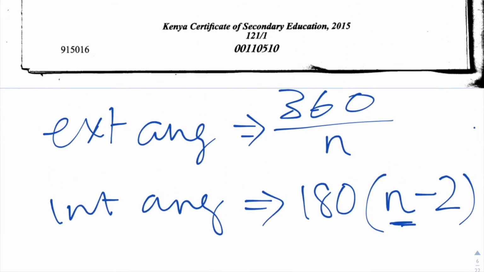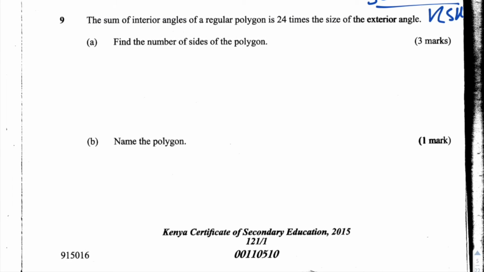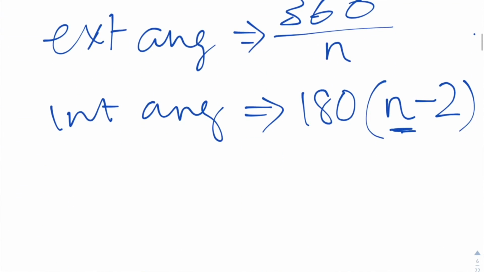So knowing this, we can draw up an equation to represent the exterior angles of this polygon in terms of the interior angles. We know that the sum of the interior angles is 24 times the size of one exterior angle.